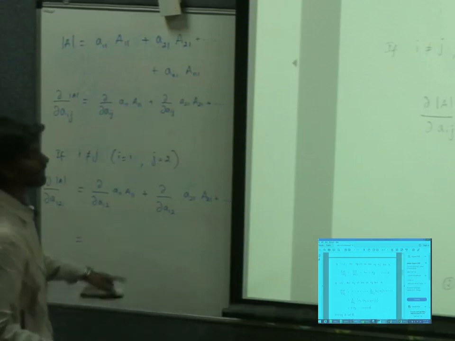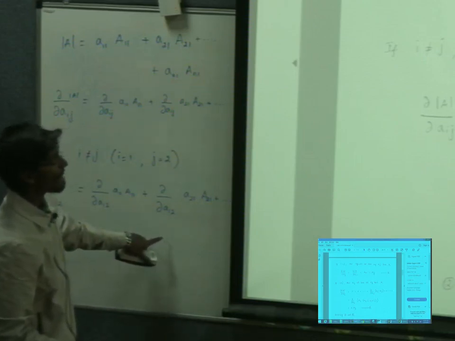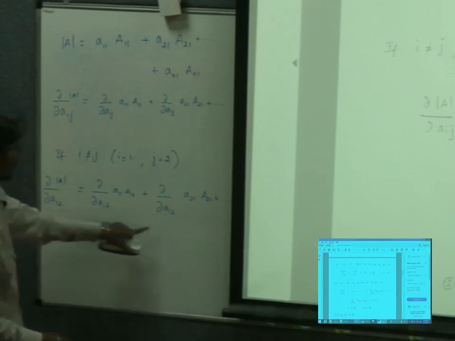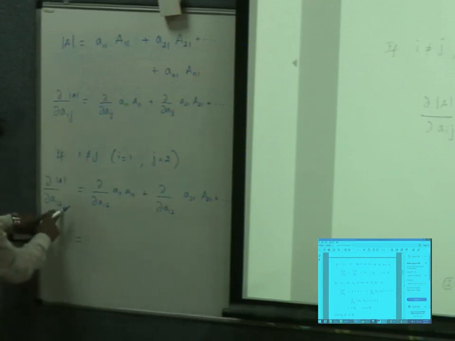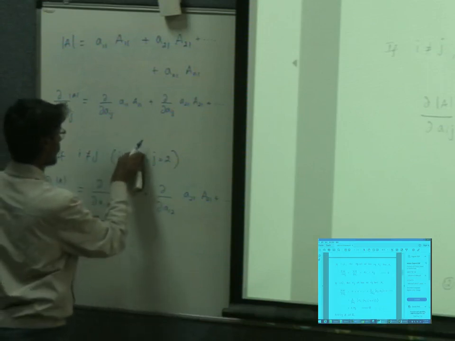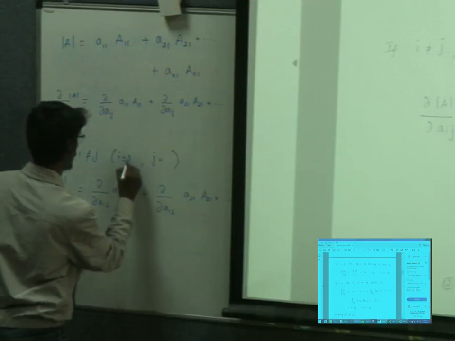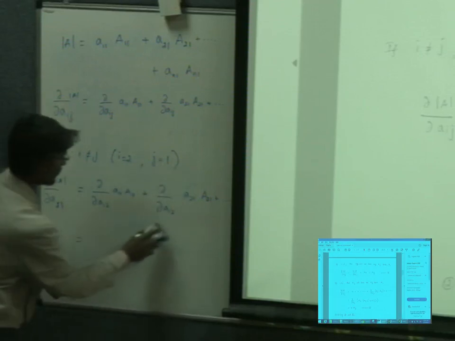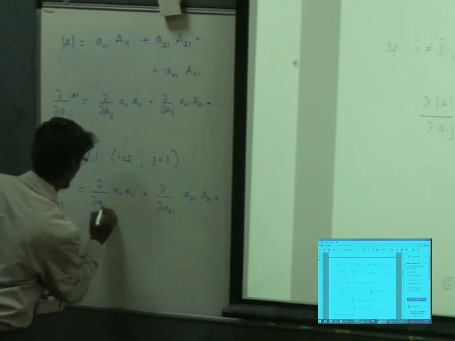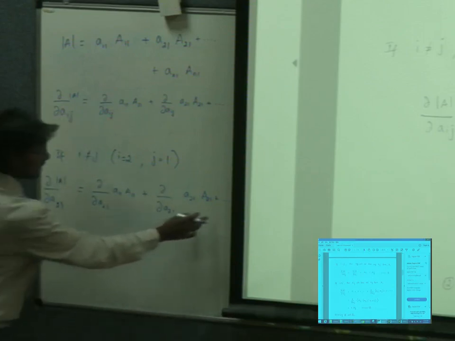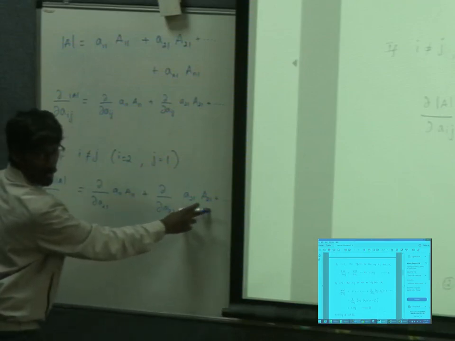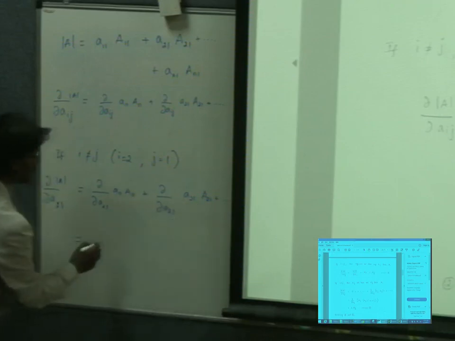Now the thing is, you will have one of the terms here. You can take the determinant, maybe what I'll do is this will be a bit easier for this explanation. The rest of the entries are all 0, except for this term.